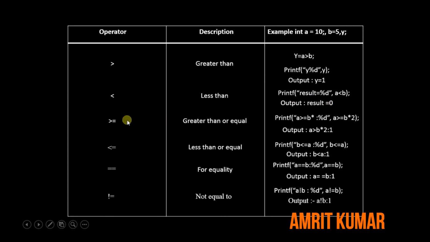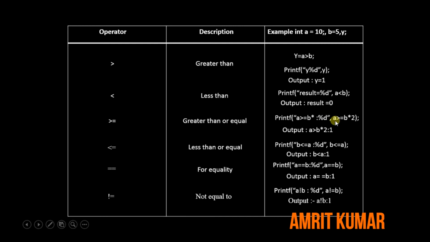Okay. Another operator is the greater than equal to operator. So let's look at the working of it. The greater than equal to operator finds the greater value, or it can be used for finding greater than or equal to. So here you are seeing I have used the statement A is greater than equal to B asterisk 2, colon percentage d.